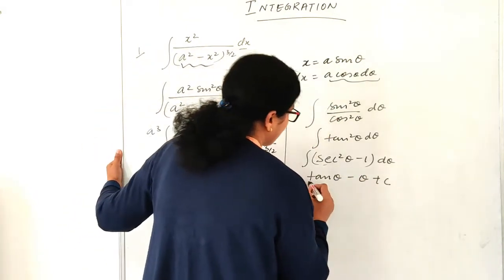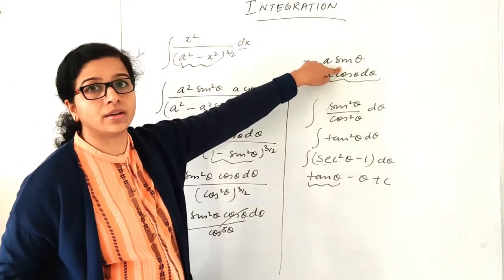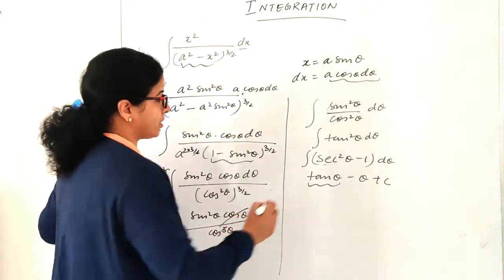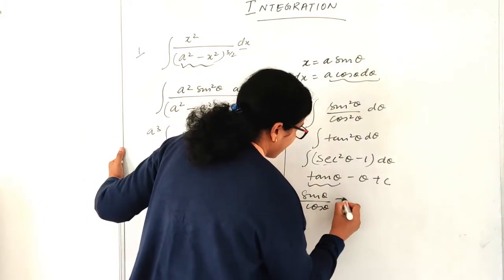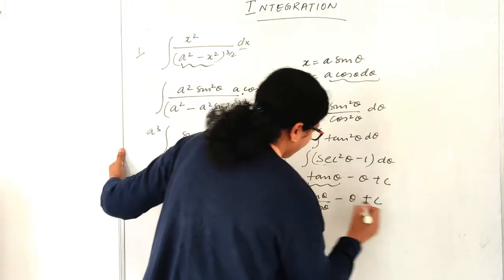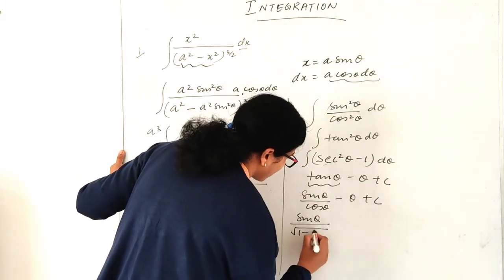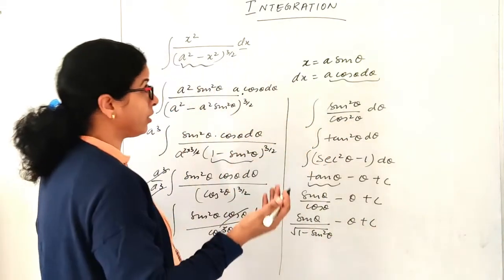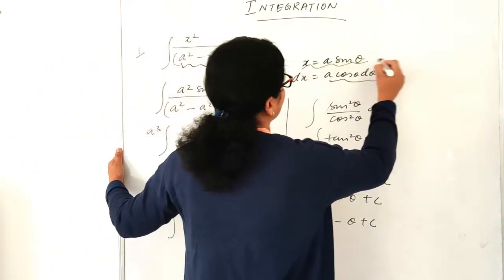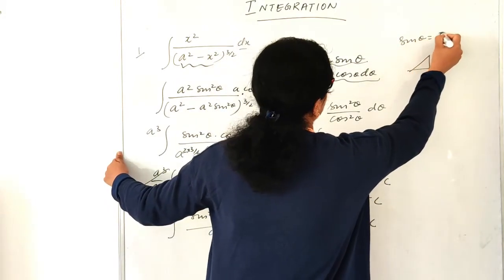Now students, I have here my tan theta and I have the value of sin theta, so we can change it, we can write it as sin theta by cos theta minus theta plus c, and this can be written as sin theta upon root 1 minus sin square theta minus theta plus c. Or we can use the triangle method, right? Look here. So I can write sin theta as x by a.